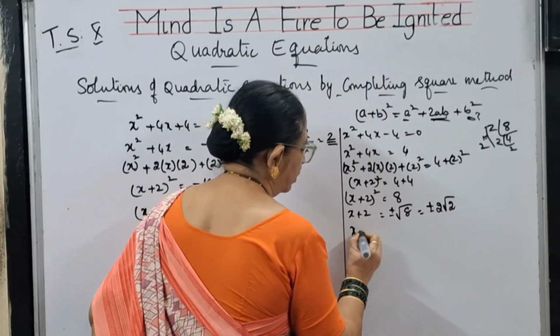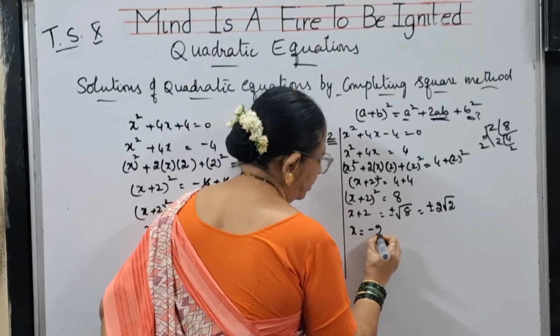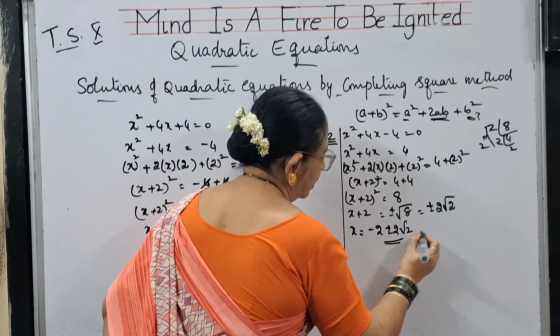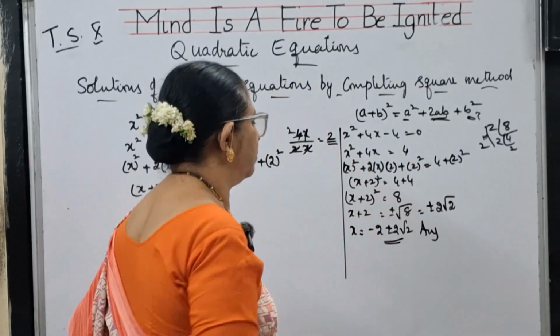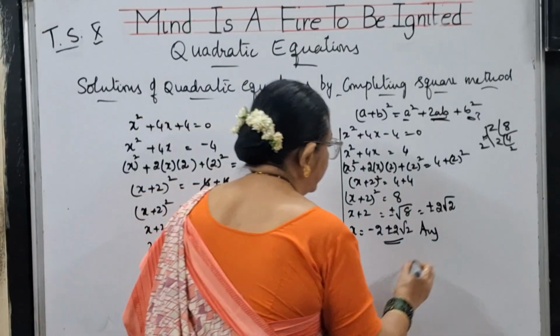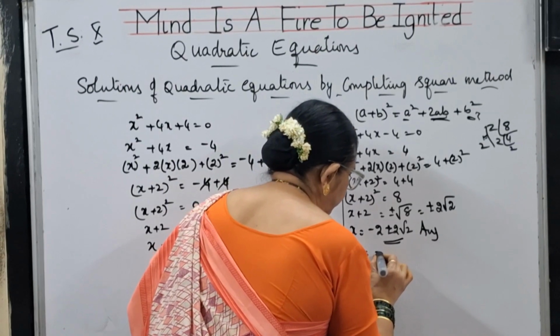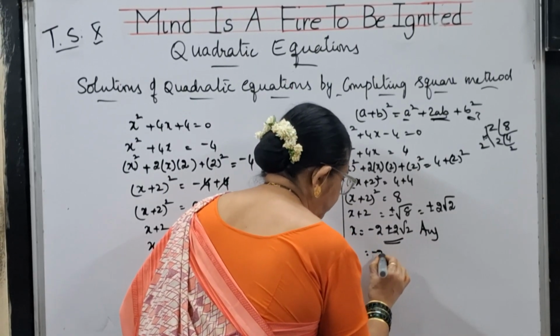So x you want, send this minus 2 there, plus 2 other side, minus 2 plus or minus 2 root 2. This is the answer. x value is minus 2 plus or minus 2 root 2. Or you can even write it as minus 2, you can take 2 as common, or minus 2 as common.